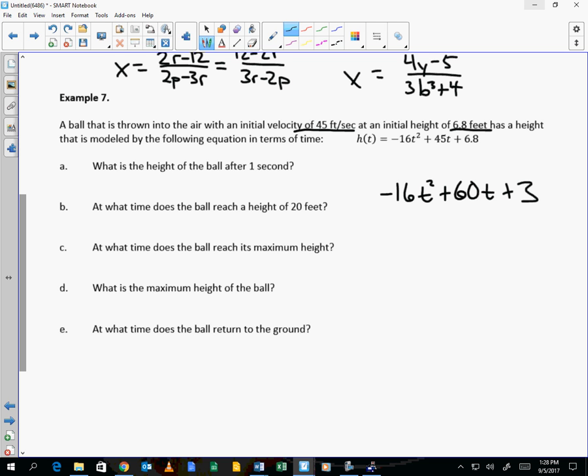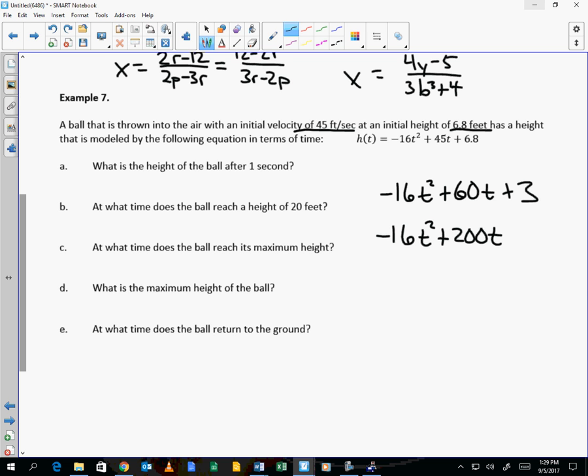Gravity constantly has a negative impact on objects in the air, right? Let's suppose that you're launching a rocket from the ground and it has an initial velocity of 200 feet per second. But since it's on the ground, it has no initial height. That's all it would be.